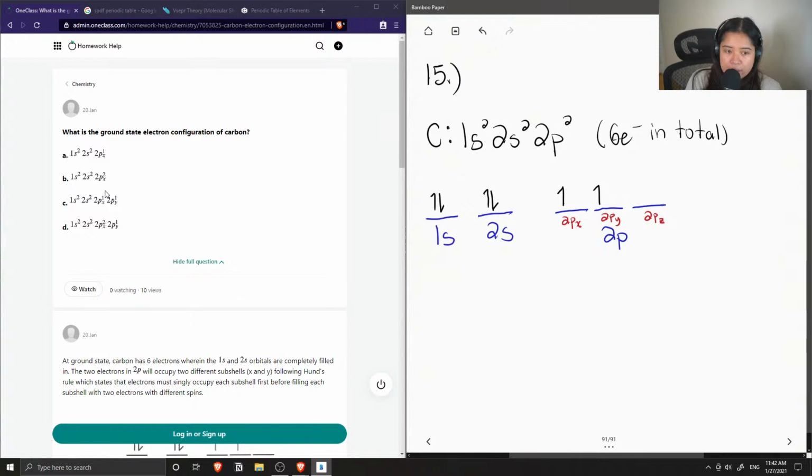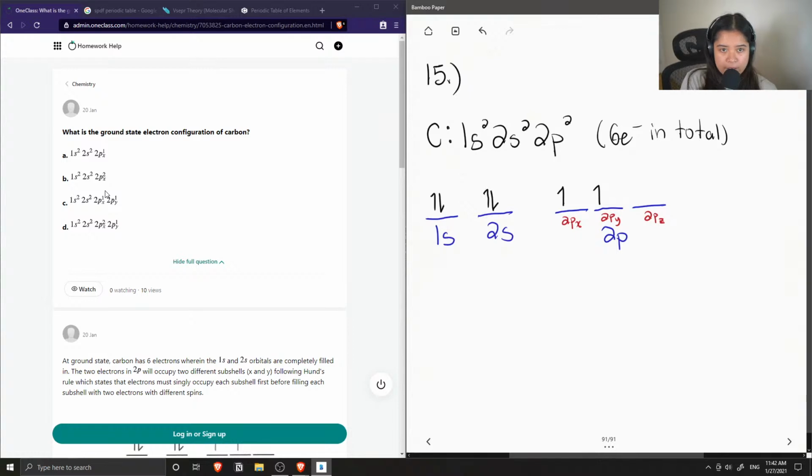So for example, carbon only has the last 2 in the 2p, but if we had like 5, then the way that we would fill it up would be 1, 2, 3, and then you start to fill in the opposite spins. That doesn't really pertain to us.